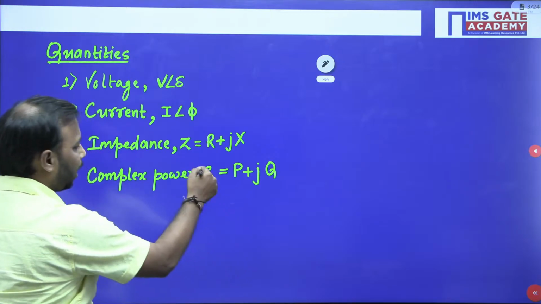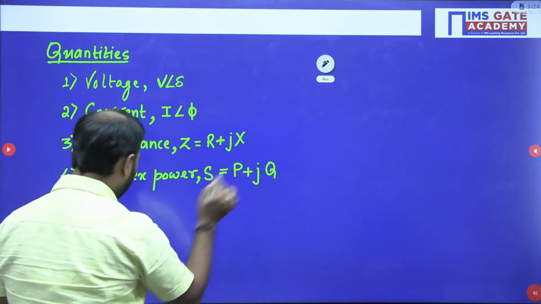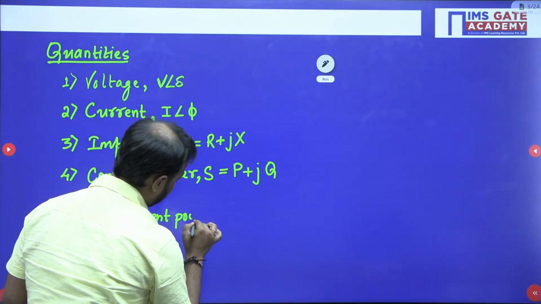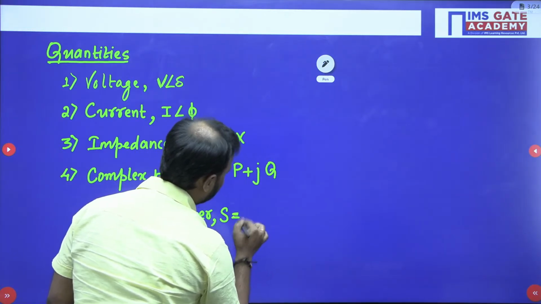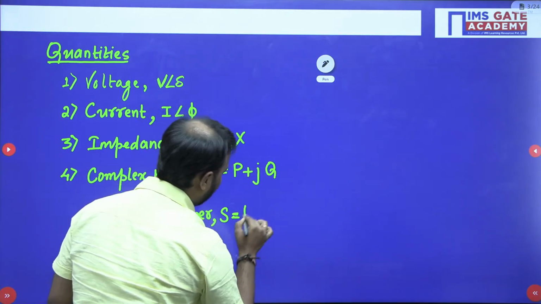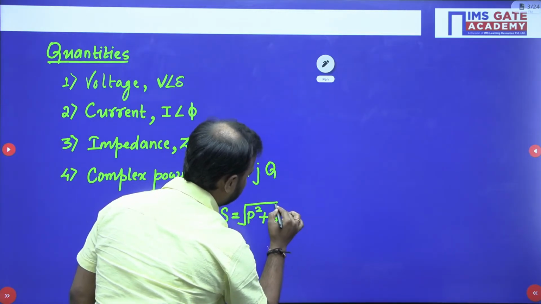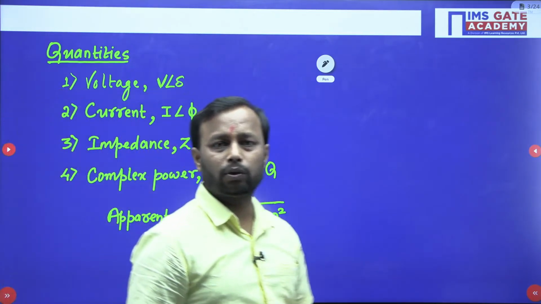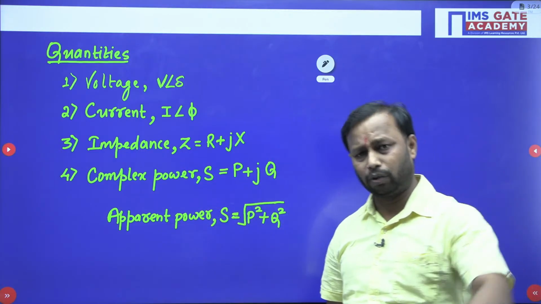What do you mean by apparent power? Apparent power is nothing but the magnitude of this. Apparent power, let me write S. This is nothing but root over P square plus Q square. So the rated values of P and Q will give you the rated power, which is the apparent power mentioned on the nameplate.